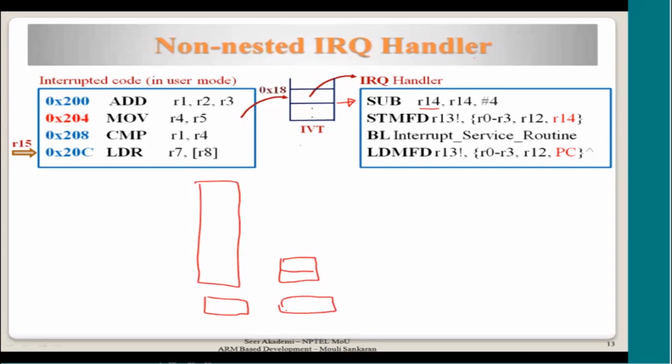This is CPSR, all of you know. This is SPSR, all of you know. Sorry about this, it is R15, this is R0. What are they? Let me write it in order. R14 and R13.